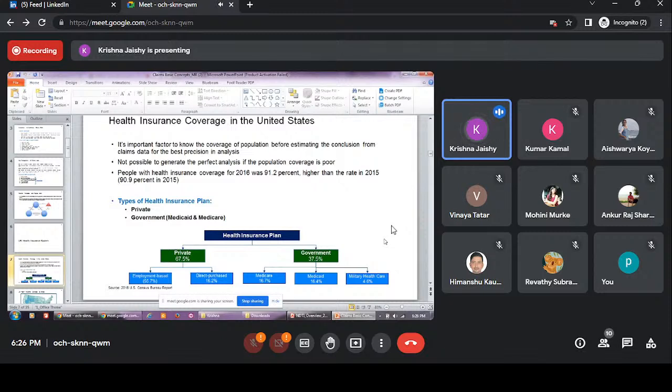So if you include this 60 plus 67 plus 37, it is crossing actually 100%, right? 60, 30, 90, 97, and then this 7 is 104, 105%. That's actually the 5% of people who are buying both the insurances, both private and government. Okay, but this doesn't mean that the entire 100% is covered here. It is a subset.